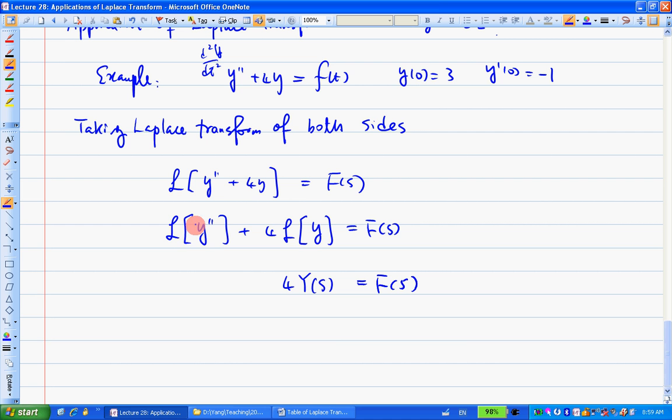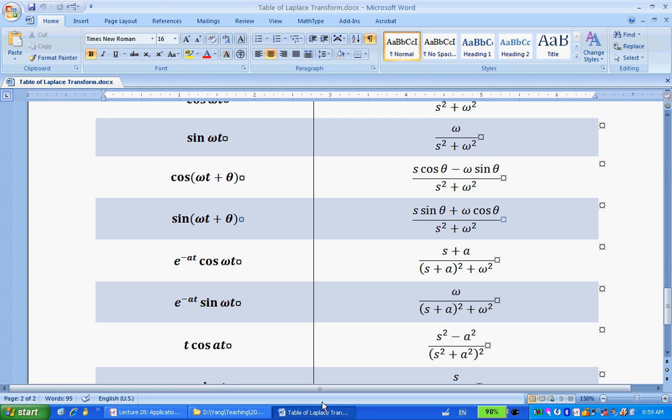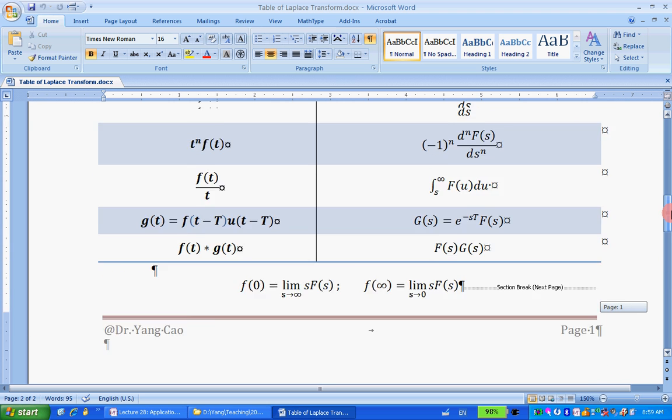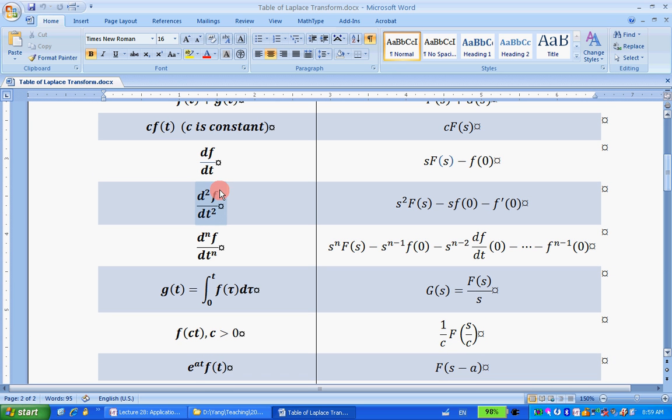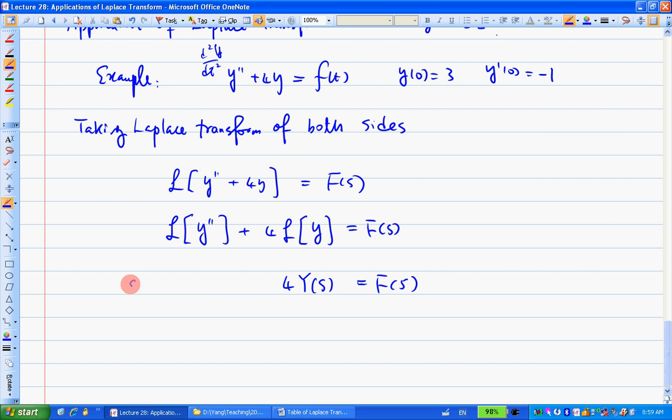For the first term, that's where you need to make use of the property. What property should I use? I'm going to use this property for the Laplace transform of the second order derivative. Putting it down here, this is s squared capital Y of s minus s y of 0 minus y prime of 0.